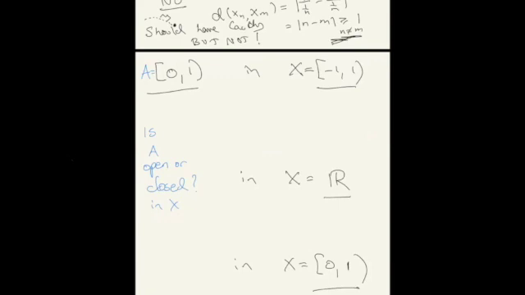For example, the half open interval 0, 1 is neither open nor closed in R, but you can find a domain where it's closed. So if you take the interval -1 to 1, then A is closed in X.